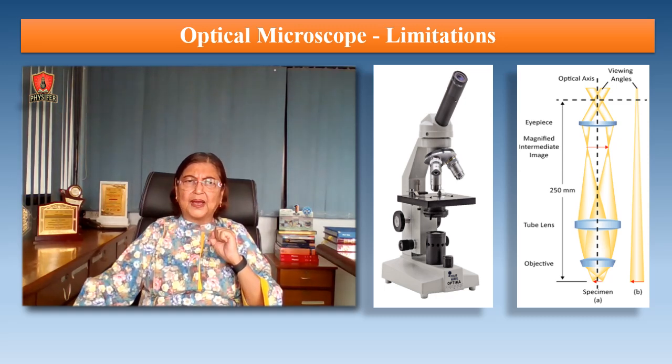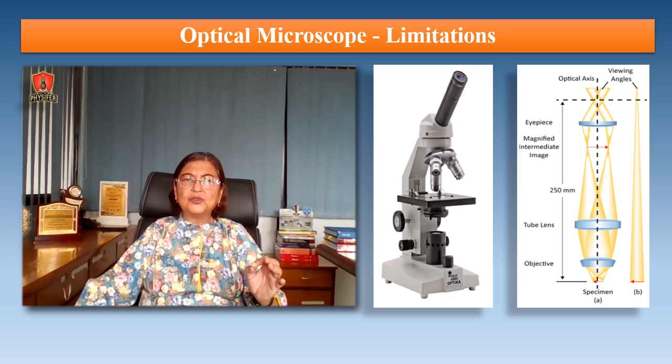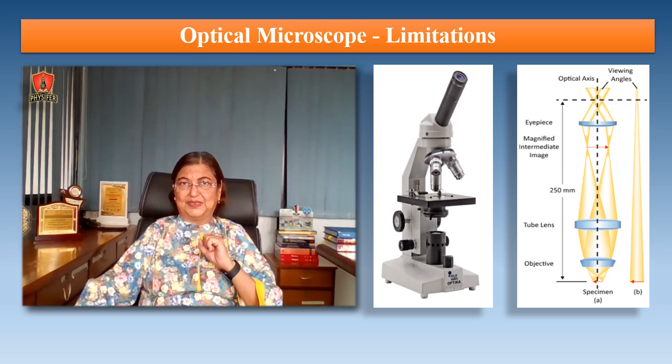Actually, an optical microscope can resolve objects of a minimum size of 200 nanometers, and objects smaller than this size cannot be seen by the optical microscope. Whereas nanoscale objects are in the size range of less than 100 nanometers.